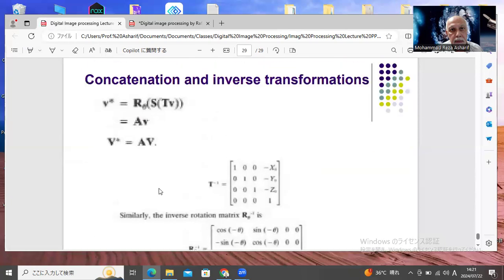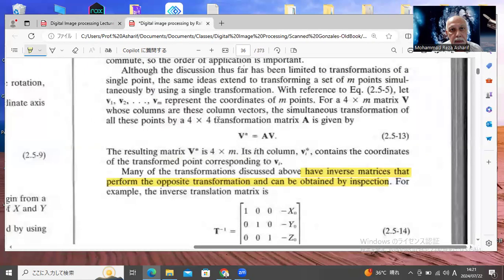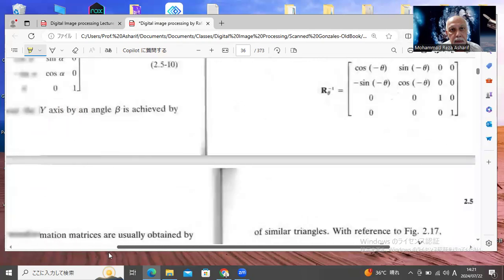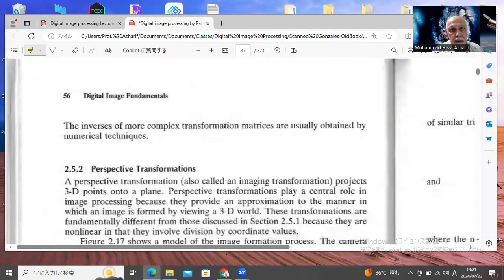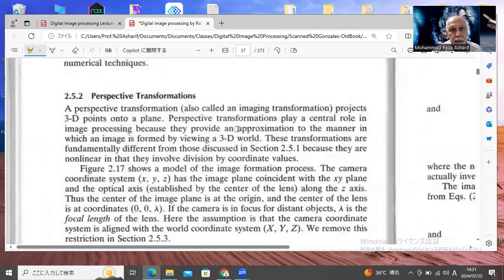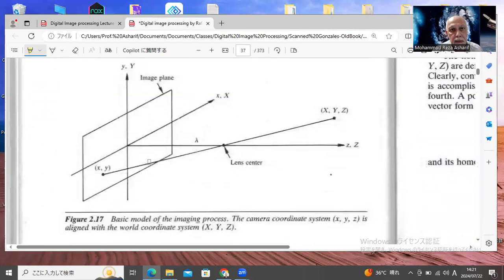I think this part, lecture 8, will be finished very soon, in maybe 20 minutes. Later I would like to talk about more serious topics like perspective transformation, which is very important.